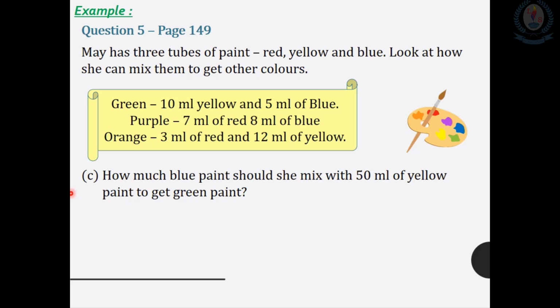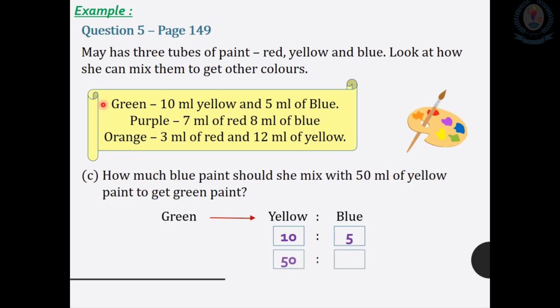Now see the last part of the question. How much blue paint should she mix with 50 milliliters of yellow paint to get green paint? We will see how green is made. Green. She has to use the colors yellow and blue with the ratio of 10 to 5. According to the question, she has to use 50 milliliters of yellow paint with this amount of blue paint. 10 has become 50.